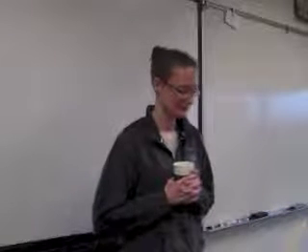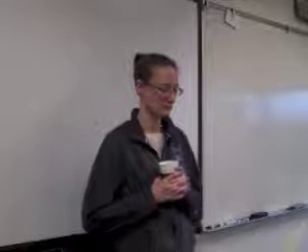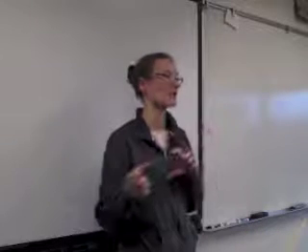Coriolanus filius Veturiae legem proposuerat, quae civitati non grata erat. So Coriolanus, son of Veturia, proposed laws which were not grateful of the state. Close. So proposuerat. What tense is that?